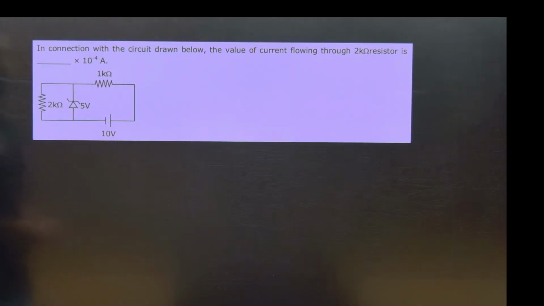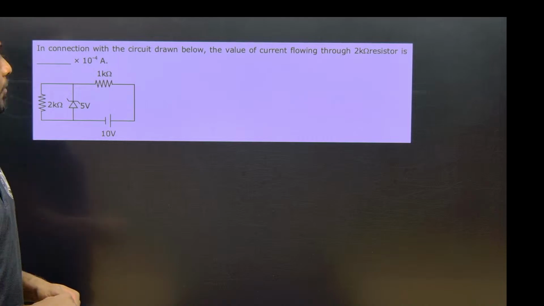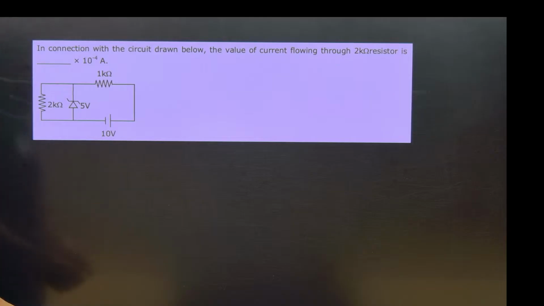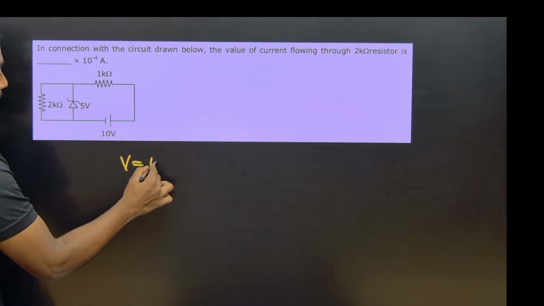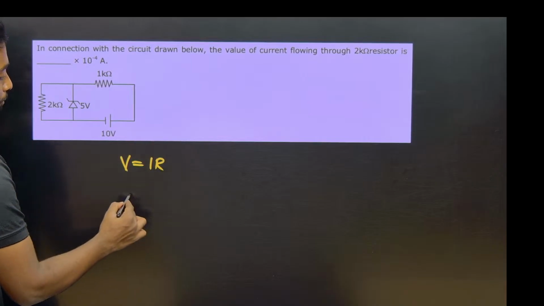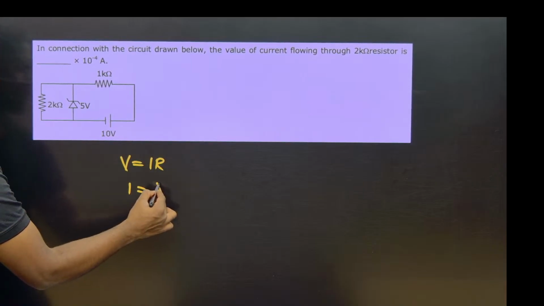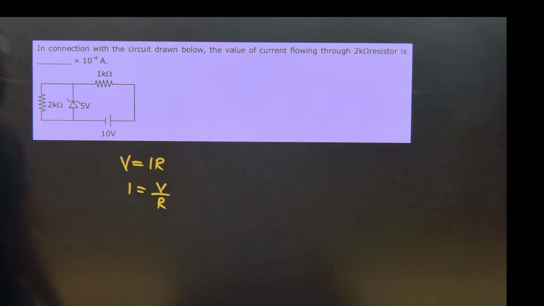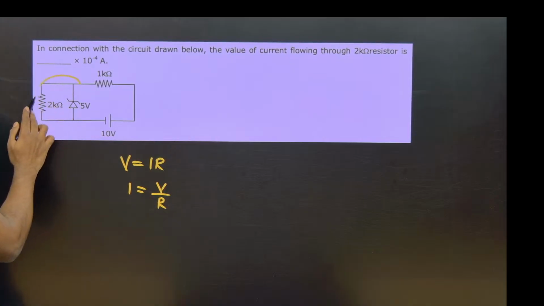In connection with the circuit drawn below, the value of current flowing through the 2k ohm resistor is. We know that V is equal to IR, and I need to find the current, so I is equal to V by R. What is the voltage? Let me take this circuit.